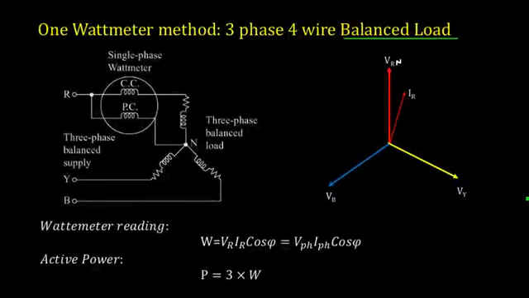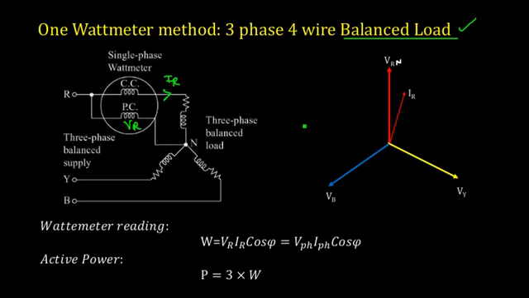This is the single wattmeter method for a 3-phase 4-wire balanced load. If your load is balanced for a 3-phase 4-wire system, you can use a single wattmeter method. How do you connect it? You have the current coil connected in one phase, here the R phase, so IR is the current flowing. The pressure coil is connected across VRN, so the voltage is VR or VRN.